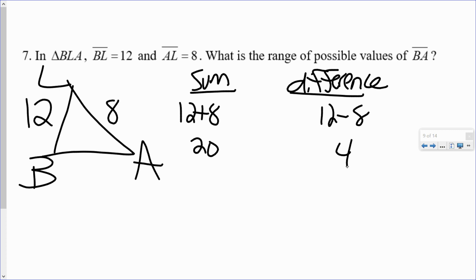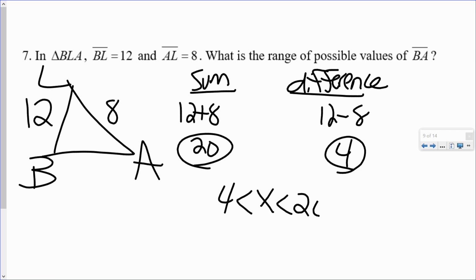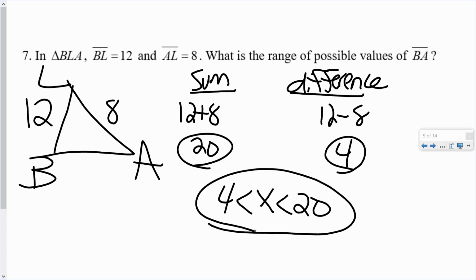So it could be anything more than the difference and less than the sum. So the way we write that is 4 is less than, let's just write x is less than 20. And what that means is it could be any value that's in between 4 and 20, but not including 4 and 20. So 4 does not work.